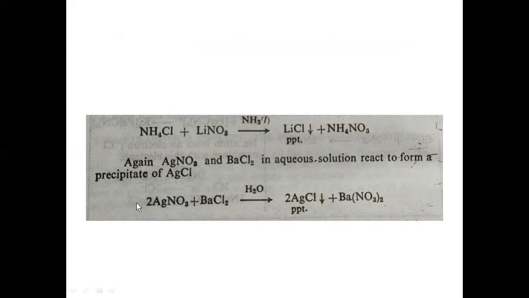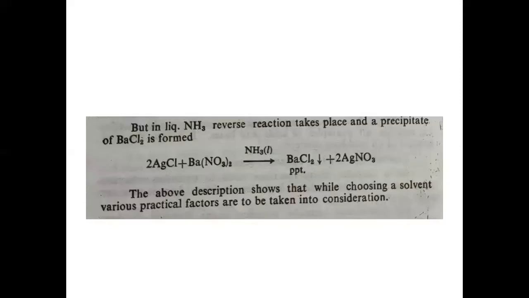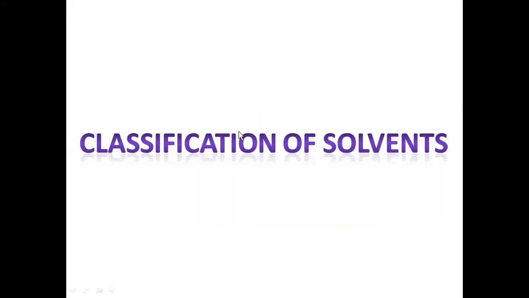When you put silver nitrate and barium chloride in water, they lead to the formation of silver chloride and barium nitrate.